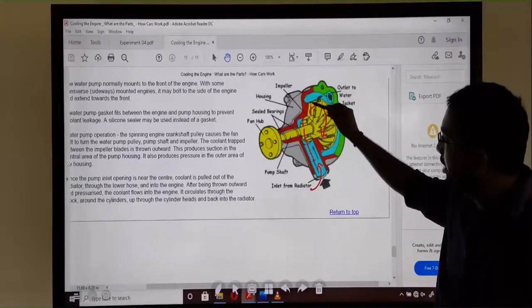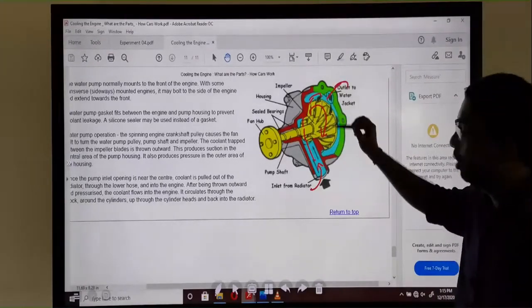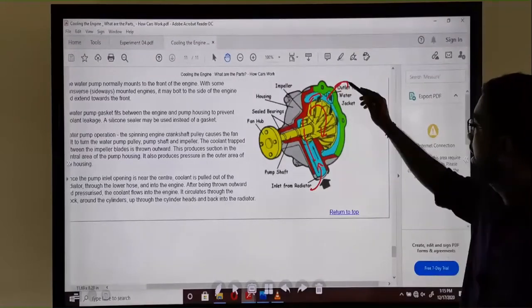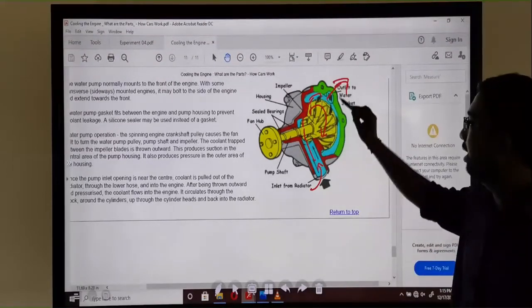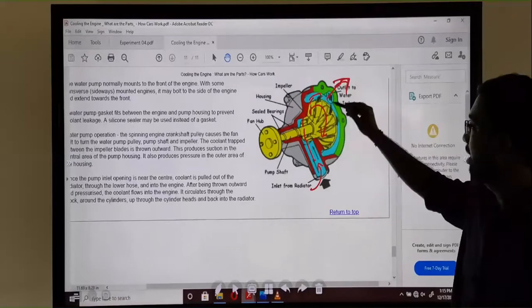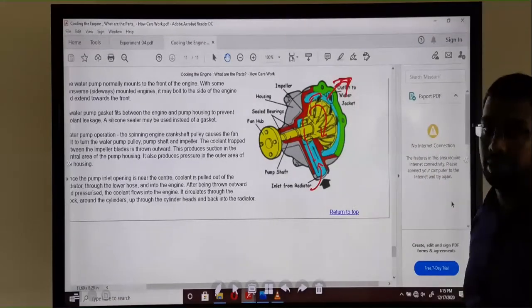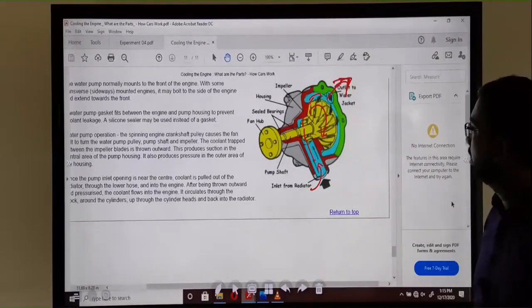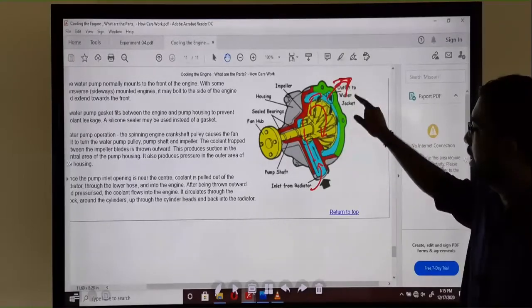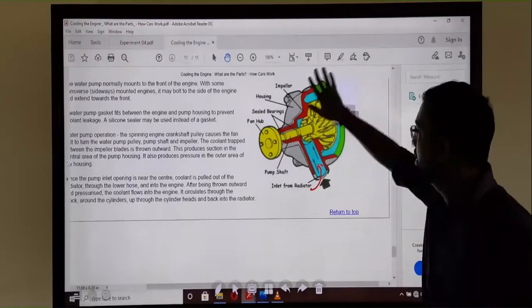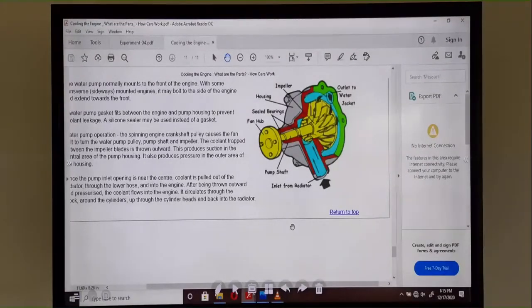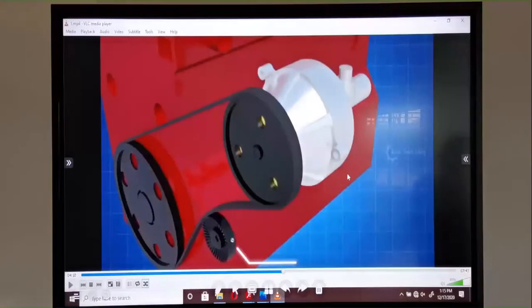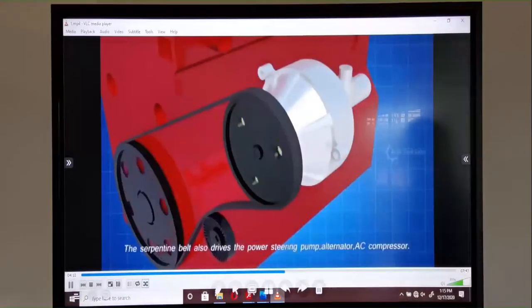The coolant is pulled by a force because of this rotation, then the coolant is pushed. Here it is pulled and here it is pushed by this rotation. It is the same as a pump. Here there is an outlet and here the inlet. So this is the pump arrangement.